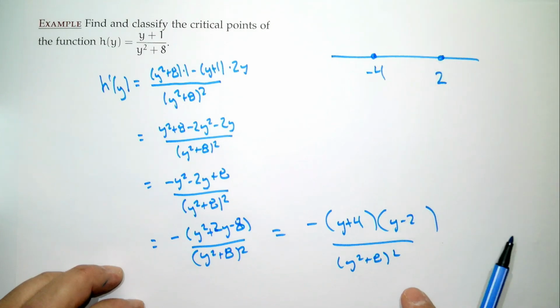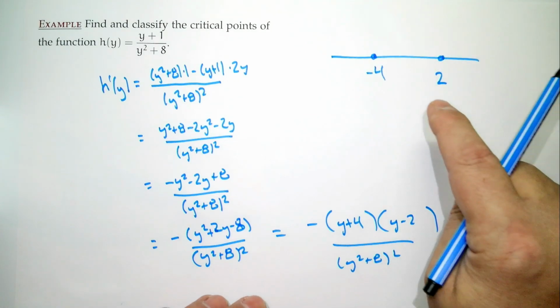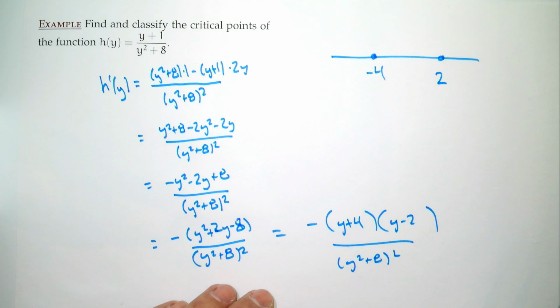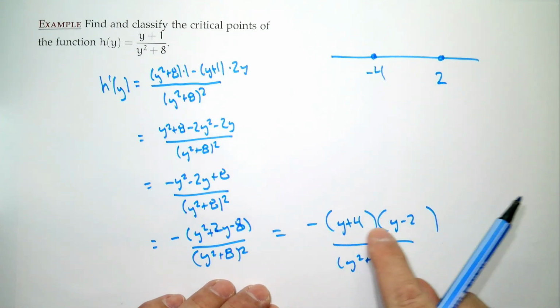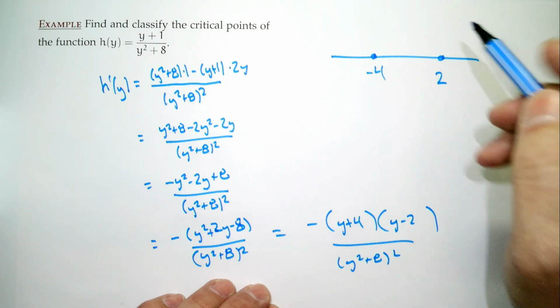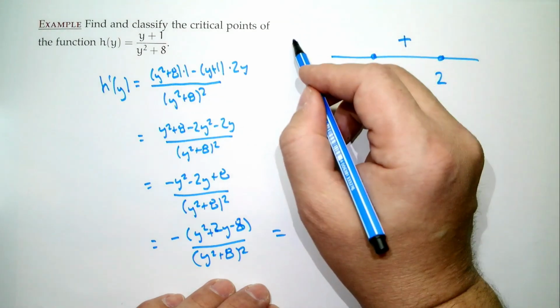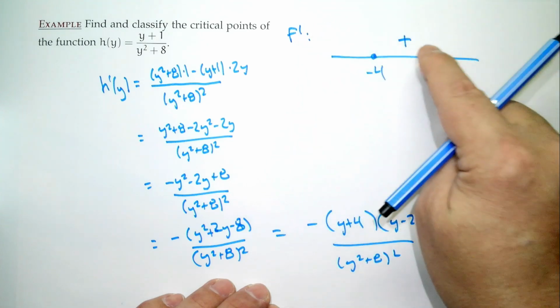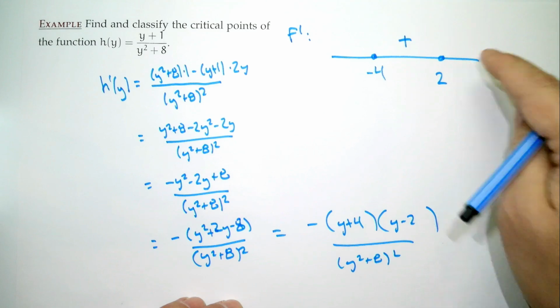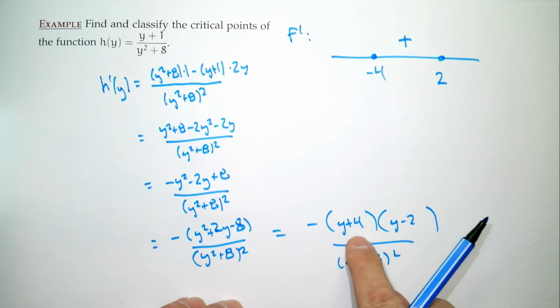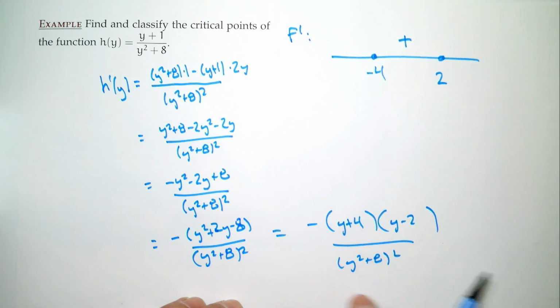So let's figure out what the derivative says. Pick a point between negative 4 and positive 2. 0. So plug it in: positive 4, negative 2. The result? Positive. So here's our little chart for the derivative, f prime. It's positive for a number bigger than 2, like 3. There's a negative, then it's positive, and a positive. The downstairs is always positive.